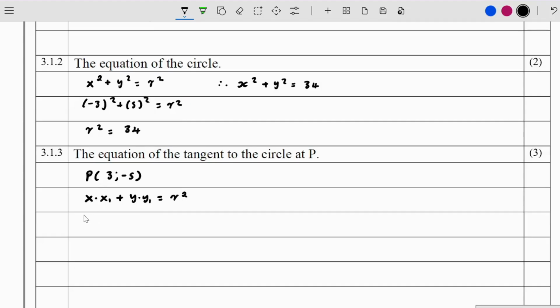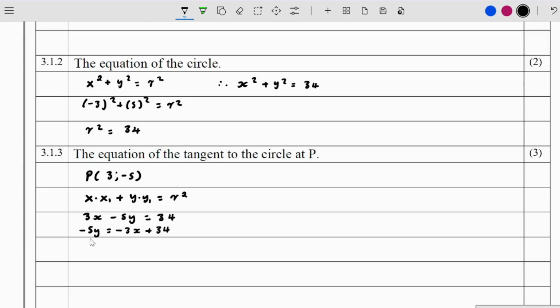Our x1 is 3, so this is going to be 3x minus 5y. This is equal to r squared, which is given as 34. Then make y the subject of the formula in this case. So minus 5y is equal to minus 3x plus 34.